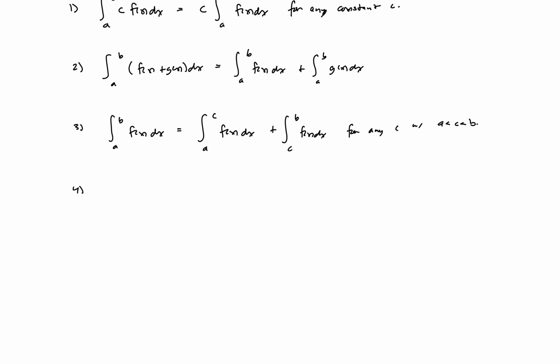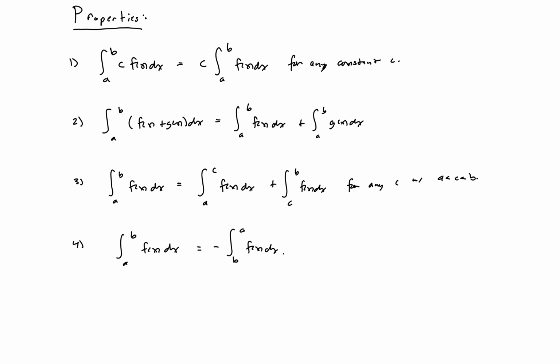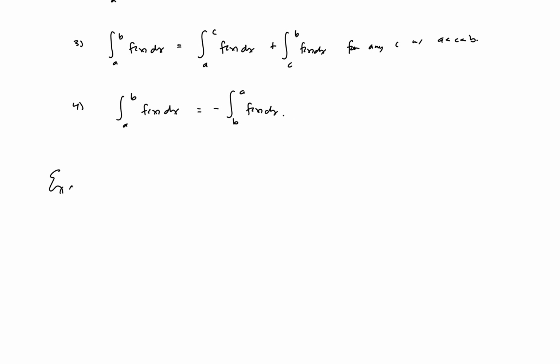And then finally, if I flip the order of the limits on the integral, it introduces a negative sign. So those were our properties. They should be familiar from the flipped class video already. So now let's see some examples using these properties and the definite integral.